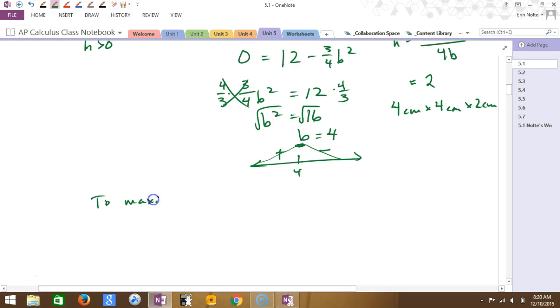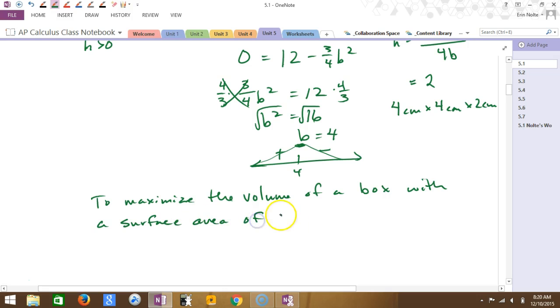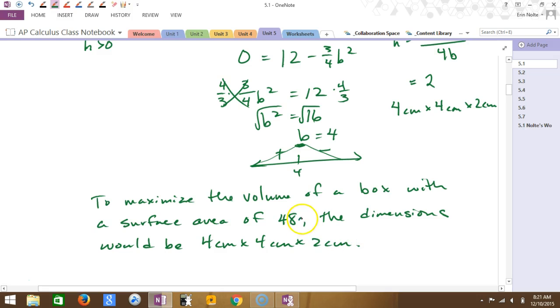To maximize the volume of a box with a surface area of 48, the dimensions, whoops, would be 4 centimeters by 4 centimeters by 2 centimeters. This should be centimeters.